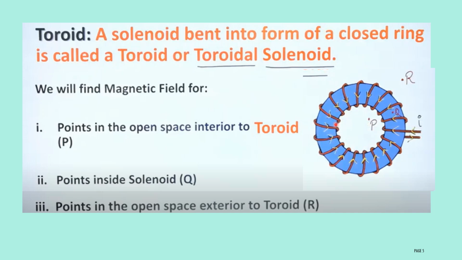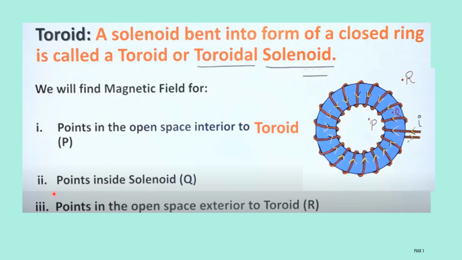In the case of a toroid, we will consider three cases of how the magnetic field is produced by a current carrying toroid. First, we will find the magnetic field for points in the open space interior to the toroid. This is the point P. What is the magnetic field we have to discuss. Second, a point inside the solenoid, Q. Consider any point inside the solenoid Q, then what is the magnetic field?